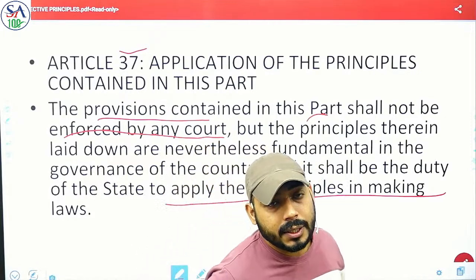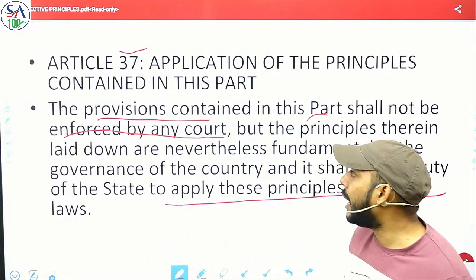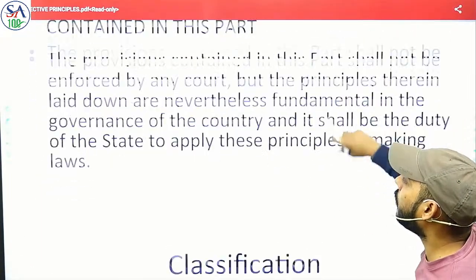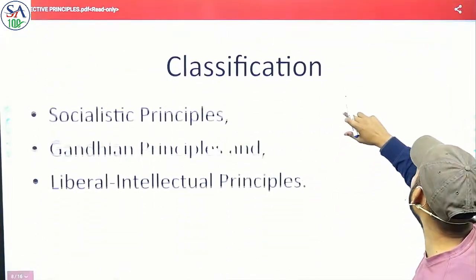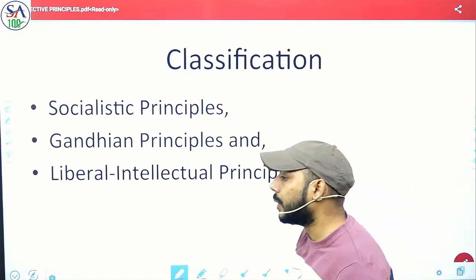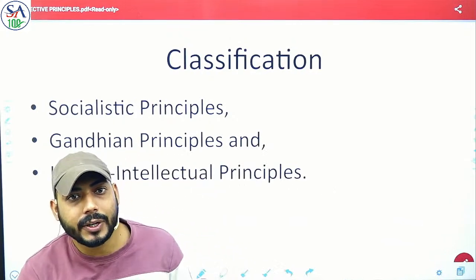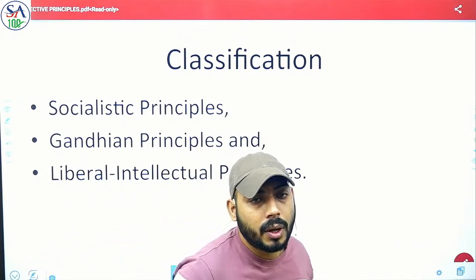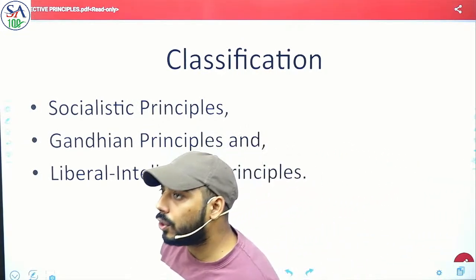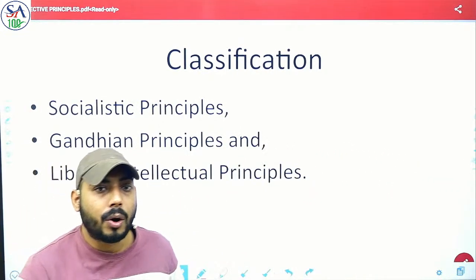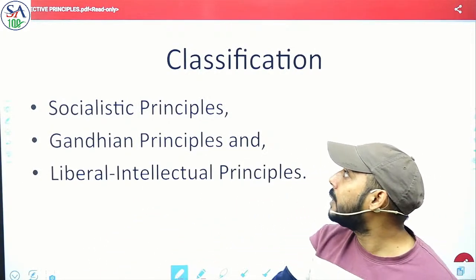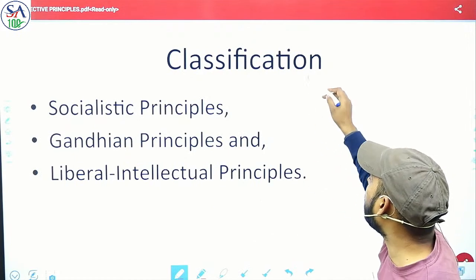Now we will start the DPSP from Article 38. Now you need to pay more attention to it. Sorry, before going further, we need to understand one more thing. Classification of DPSPs. On the basis of their content, on the basis of the ideologies they promote, DPSPs are classified into 3 categories.